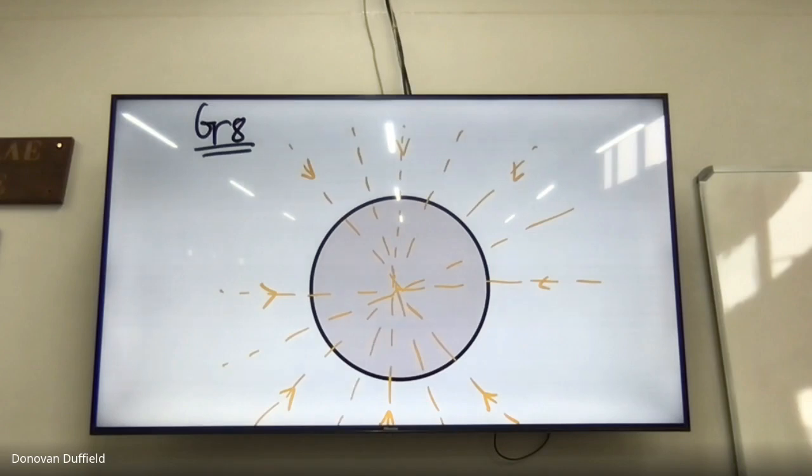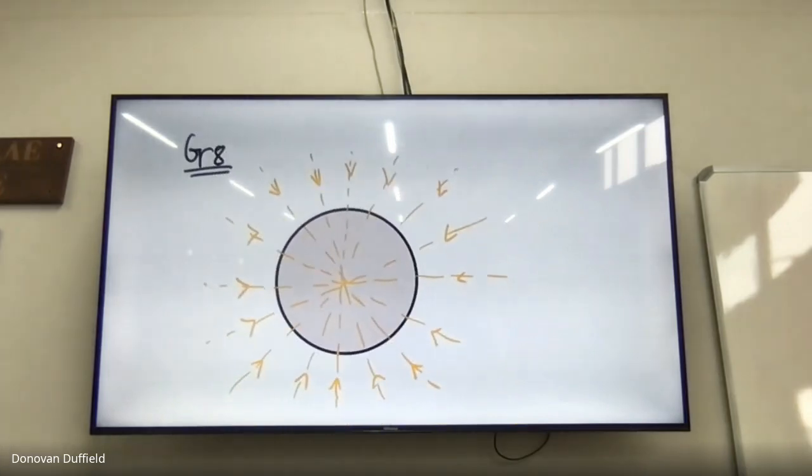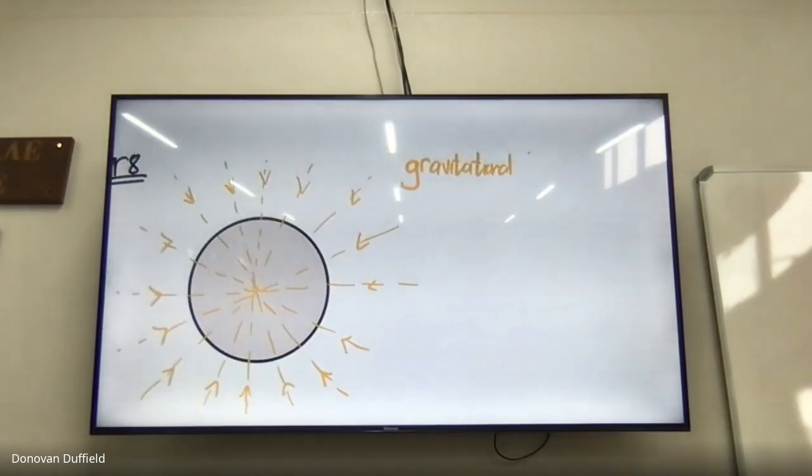I taught you in grade 8 that this invisible region in which gravitational force will be experienced is known as a gravitational field. Okay, so let's define gravitational field. We're going back to what you previously have been exposed to.